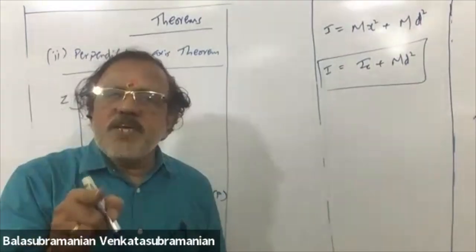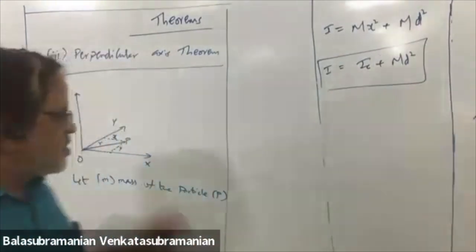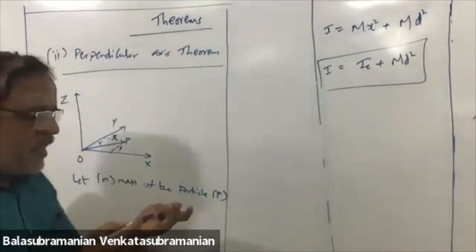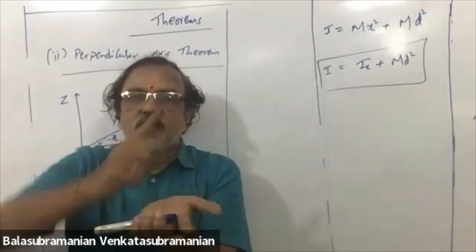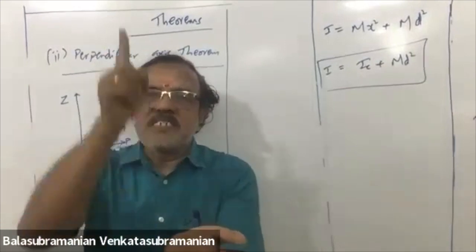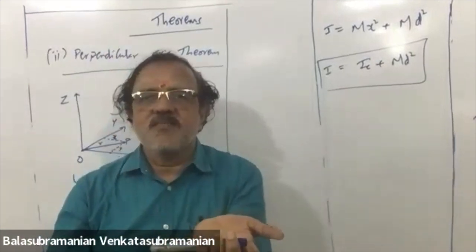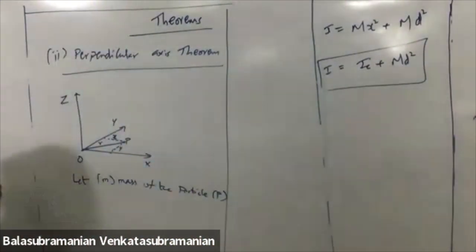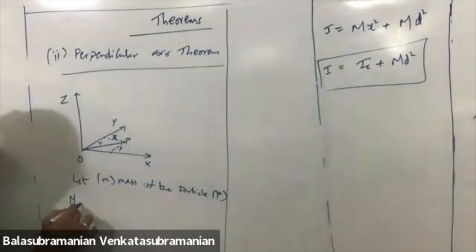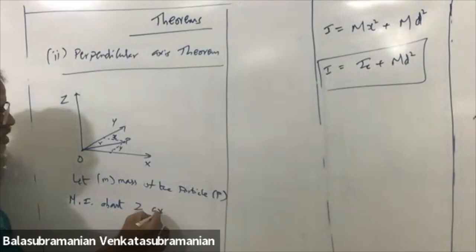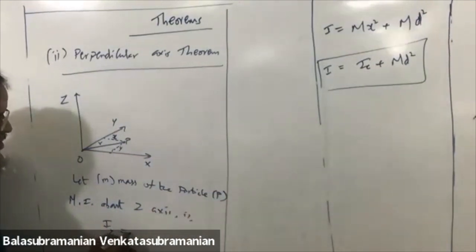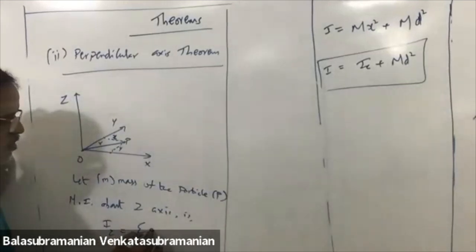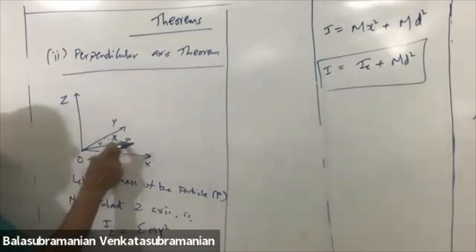So moment of inertia about the third axis, about the z-axis perpendicular to the plane. This is horizontal xy, and the z-axis is perpendicular to the plane. Z-axis we have to calculate. So for that, moment of inertia about z-axis is Iz is equal to sigma m r square.